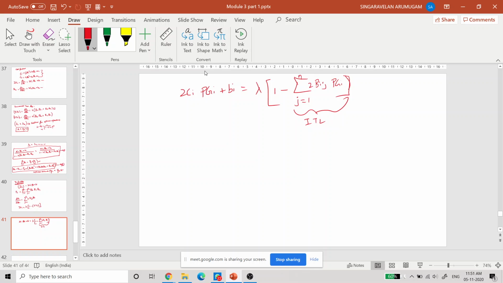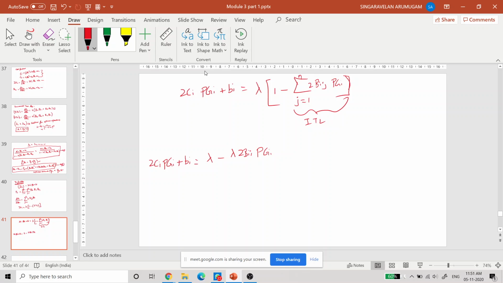So by solving this, 2Ci PGi plus bi is equal to lambda, and what I will do is separate all the ith element from this summation. If I remove all the ith element, then I will get minus lambda 2Bii PGi, because I need to remove all the i items from outside.